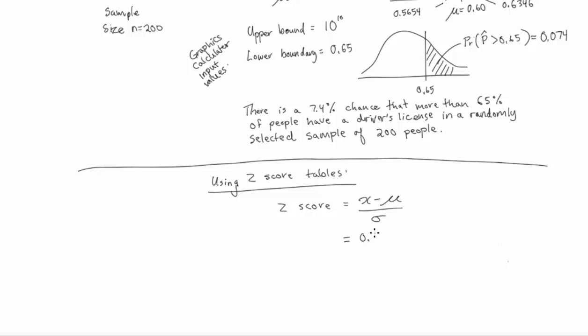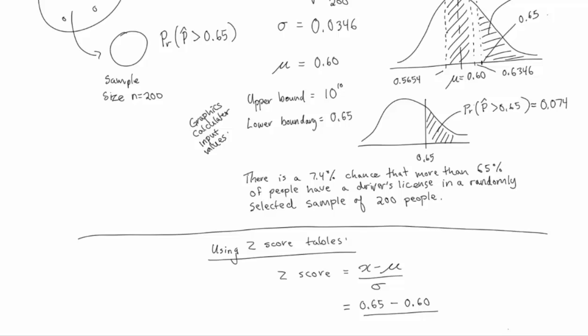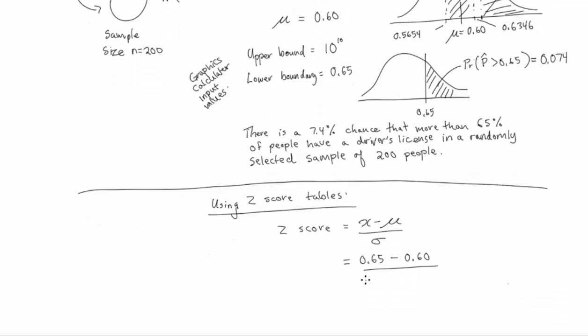X equals 0.65, our sample proportion, minus the average, which is the population proportion, 0.60, all over the standard deviation, which we calculated above to equal 0.0346. That equals 1.4451. And that is our Z-score.